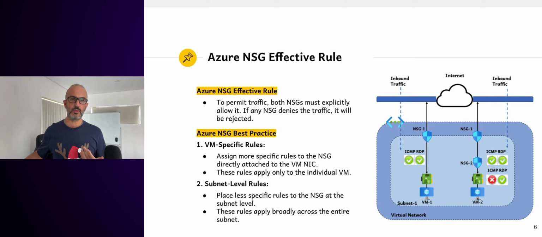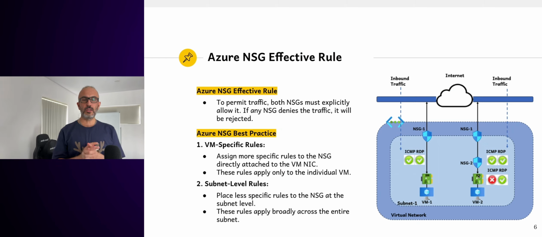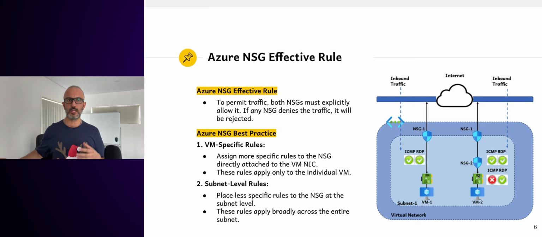But in this case, if you check VM2, you could see that there are actually two NSGs in effect here. Even though we've got two NSGs, we are only assigning one NSG with the network interface card for VM2, which is NSG2. And because VM2 is also part of subnet 1, whatever security rule you've got in NSG1 would be applied to it.